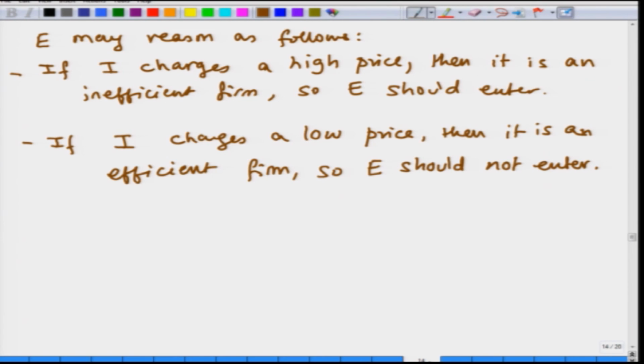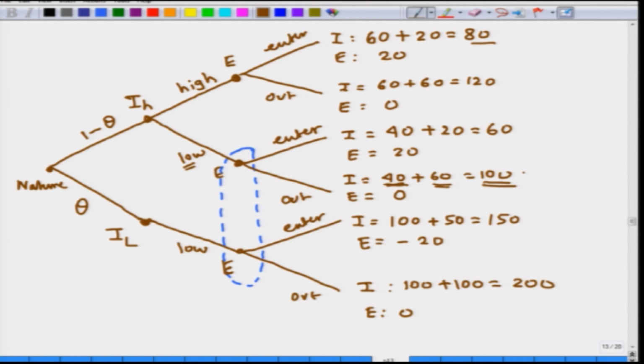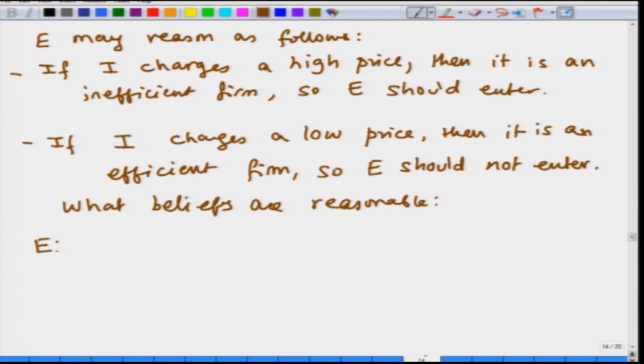So, what beliefs would sustain this? What beliefs are reasonable? Well, for the entrant, the expected profit from entering is going to be 20 or minus 20, depending on its belief about the type of the incumbent.